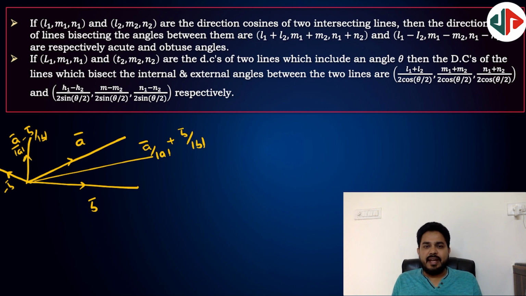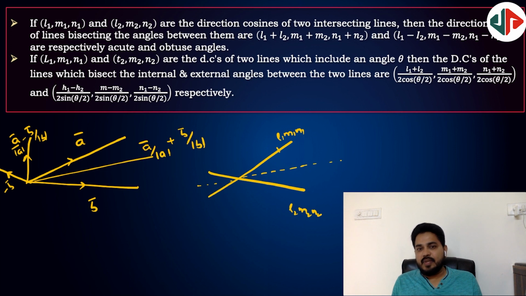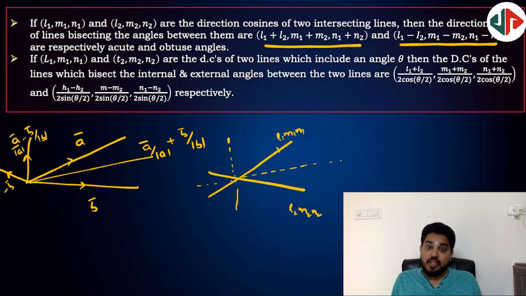Under the same line, you have two directional ratios. Here L1 M1 N1, here L2 M2 N2. The directional ratio of any line, this one will be this, as well as if I want to take this one, it will be this. And I want the directional cosine.